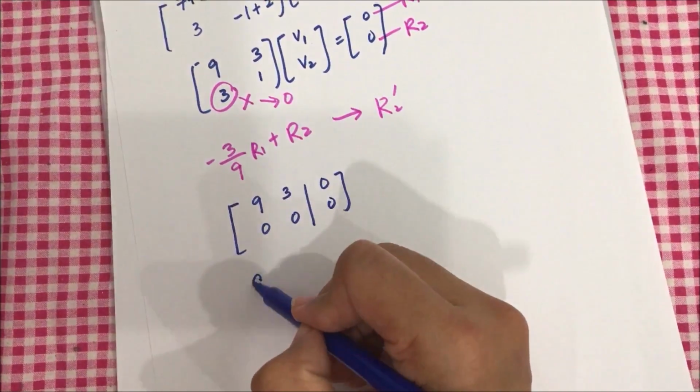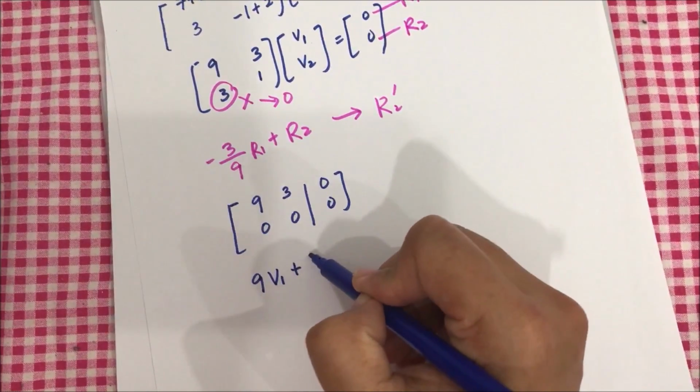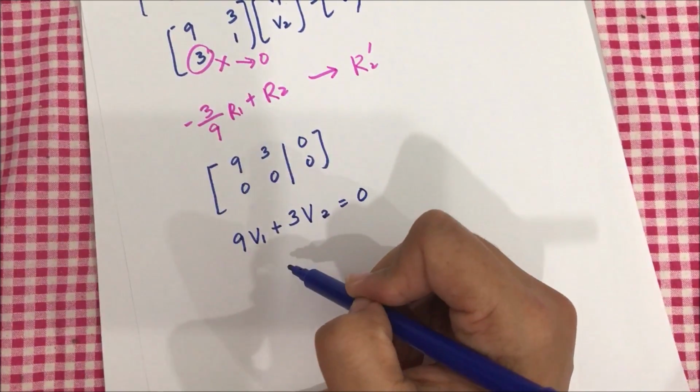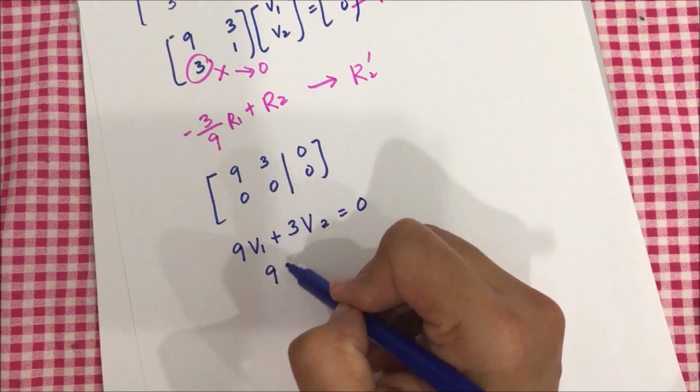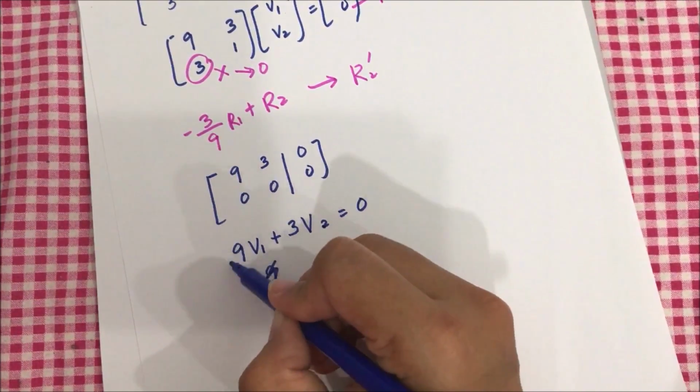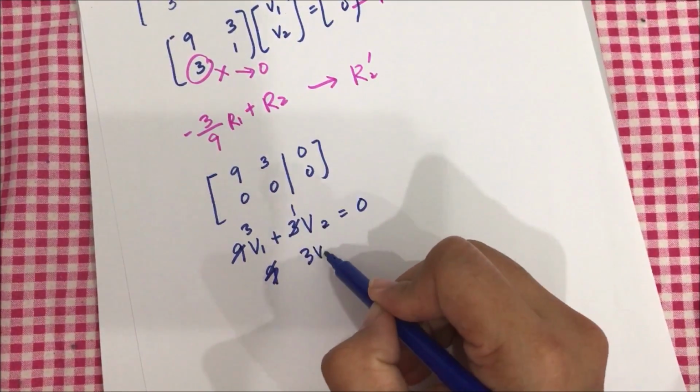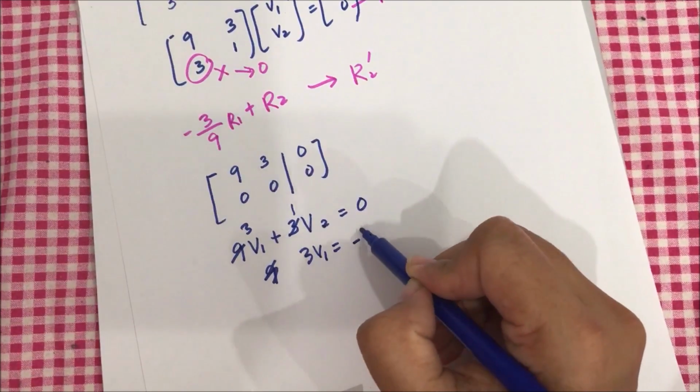So that means 9 v1 plus 3 v2 equals 0. Then 3 v1 equals negative v2.